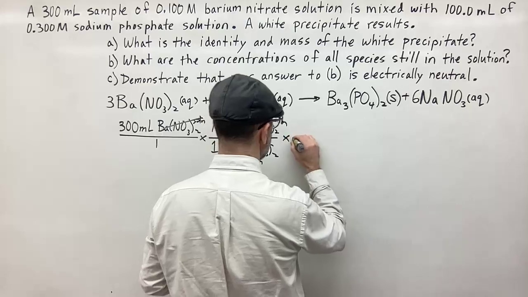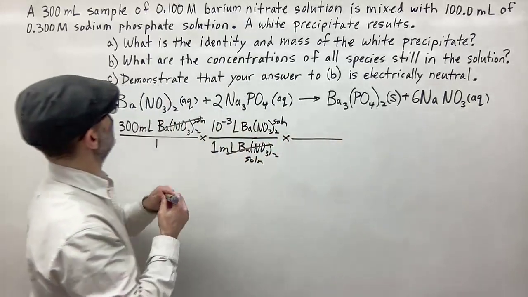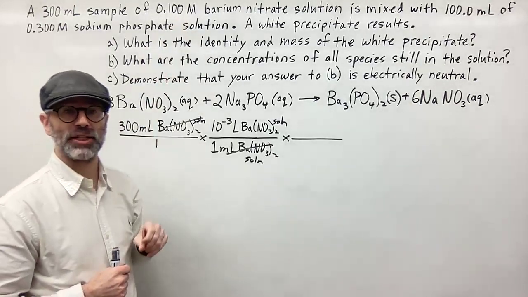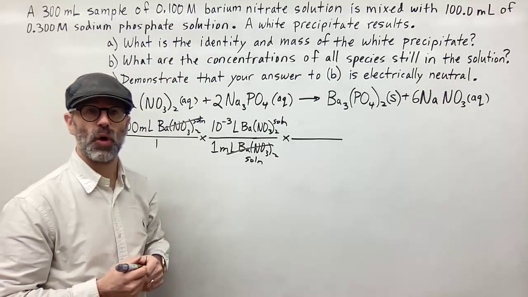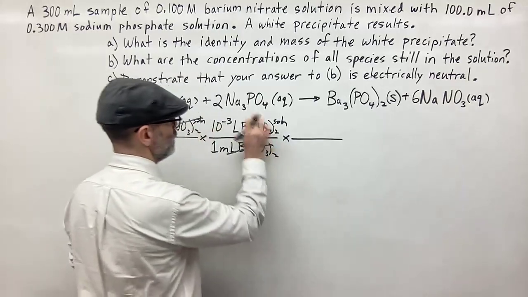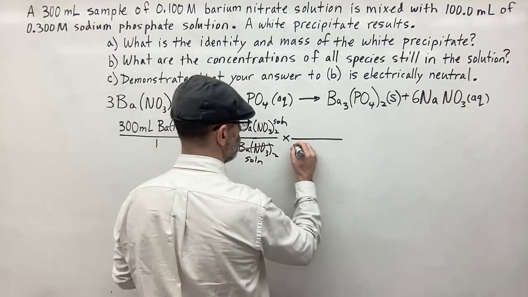So this tells me that for every 1 liter of barium nitrate solution, I have 0.100 moles of that solution. So since I have liters on the top here, I'm going to put liters on the bottom.